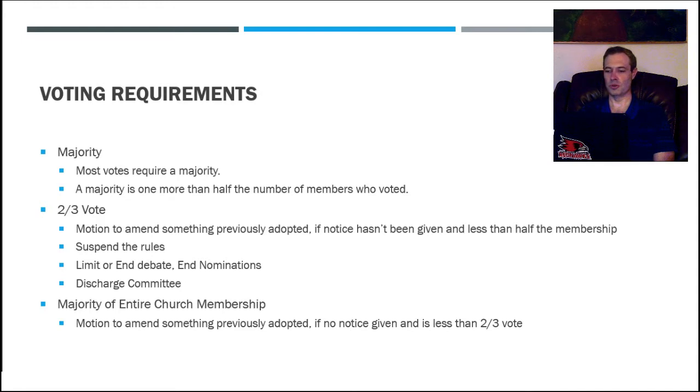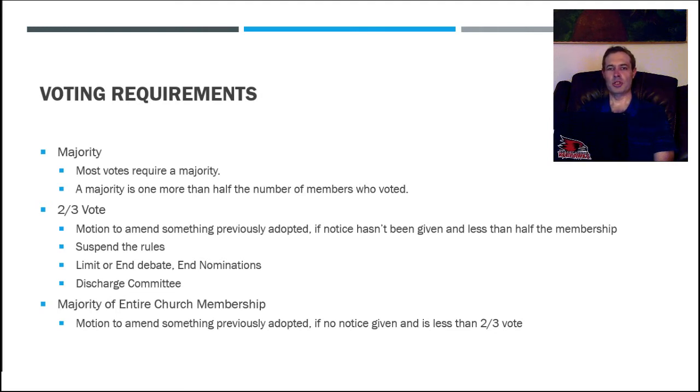And of course, they'll have to give specifics on how they want to amend it. But the Constitution is previously adopted. Even a standing rule, there may be an adopted motion on how to allocate use of classrooms or something like that.